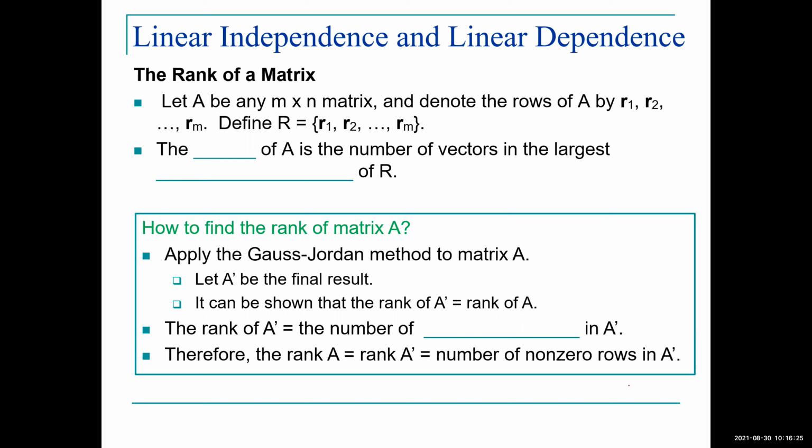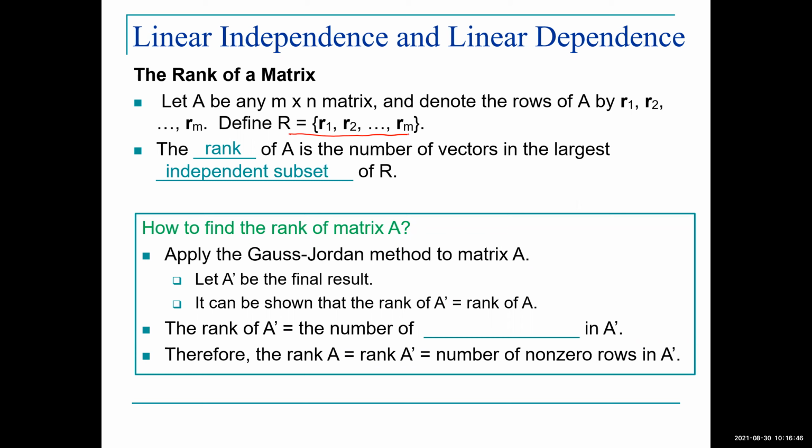M could be any number, let's say 5 rows, M equals 5. The rank of A is the number of vectors in the largest independent subset of R, which is the set of rows in this matrix A.